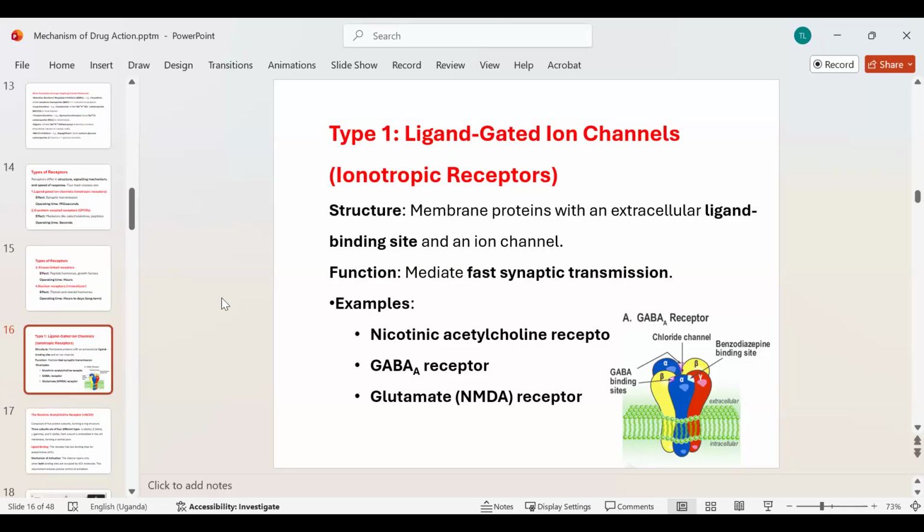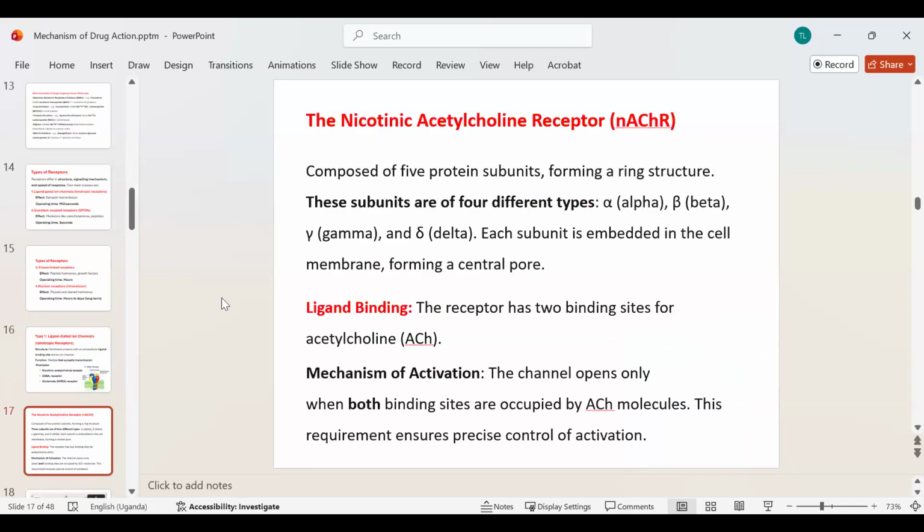So in most cases, it really depends on which ion and which receptor is getting stimulated. So that is about the chloride channels, I mean the ionotropic receptors. Nicotinic acetylcholine receptor is also ionotropic. Yes.